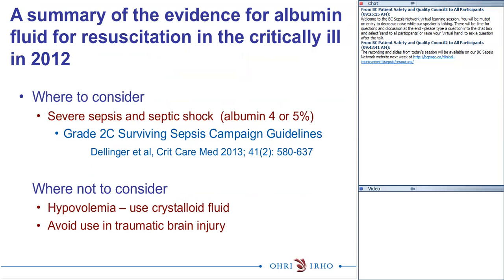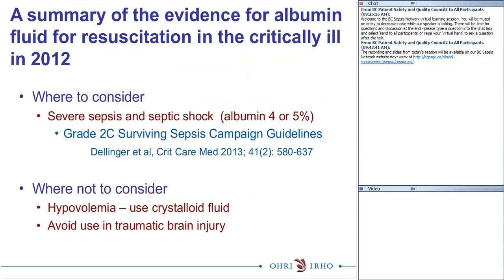So, to summarize the evidence that we have right now, with regard to the Surviving Sepsis guidelines, it's actually now a weak recommendation to consider using it for resuscitation of patients with severe sepsis or septic shock.